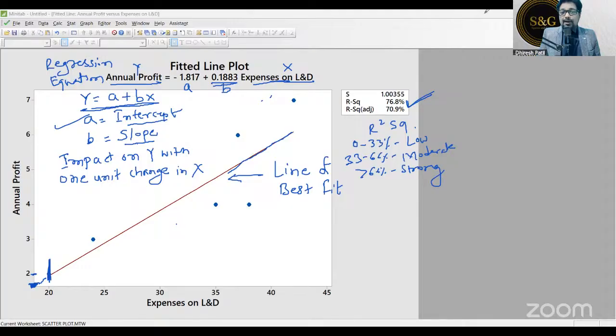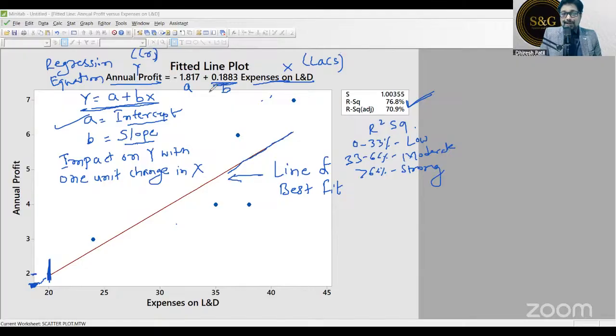If you remember, the expenses in L&D are in rupees of lakhs and the profits are in rupees of crores. Correct? Now, how do I read this? If I put 1 lakh rupees of expenses in L&D, which is 1 unit, it is making 0.1883 crore rupees of profit, because this is a slope.